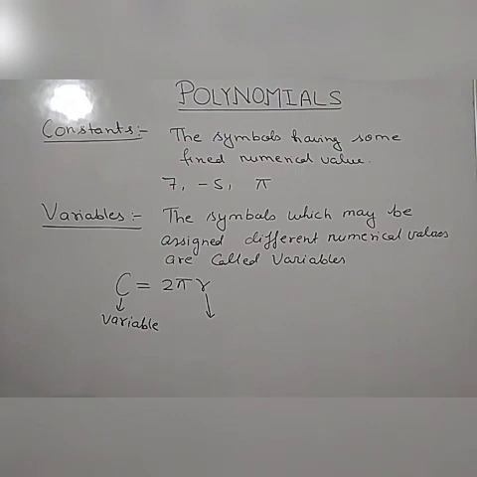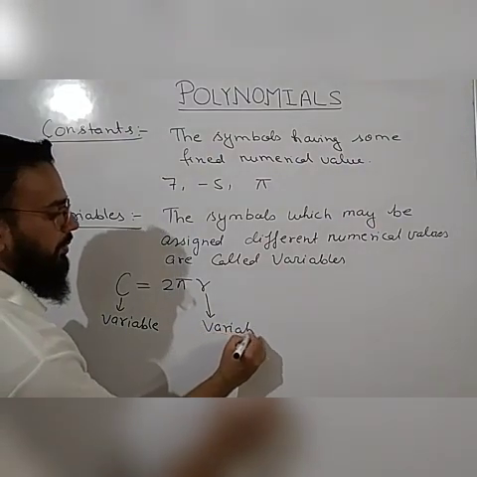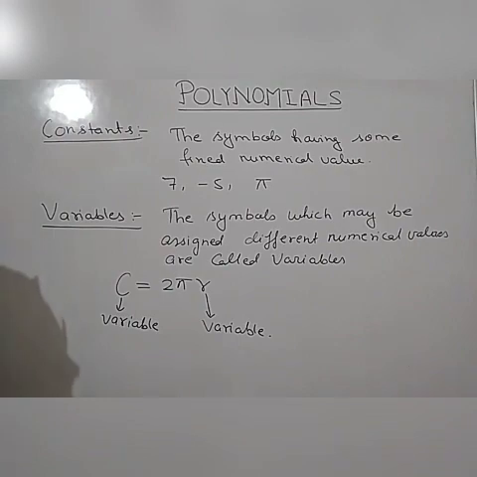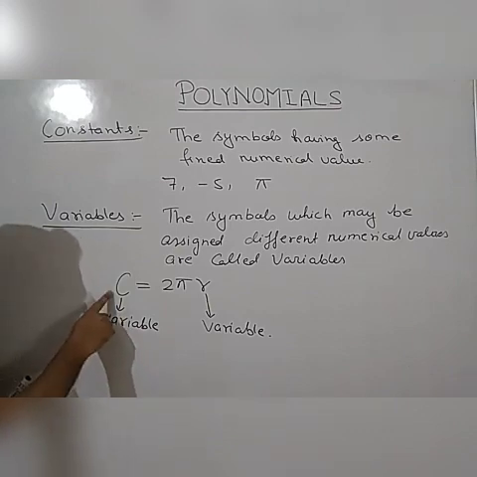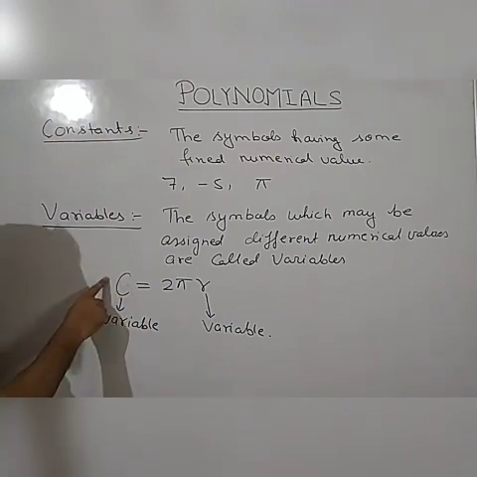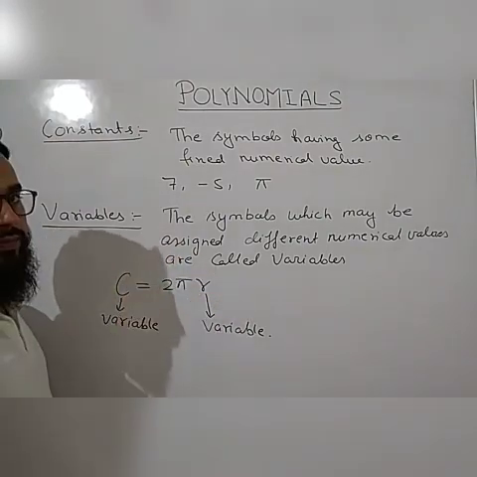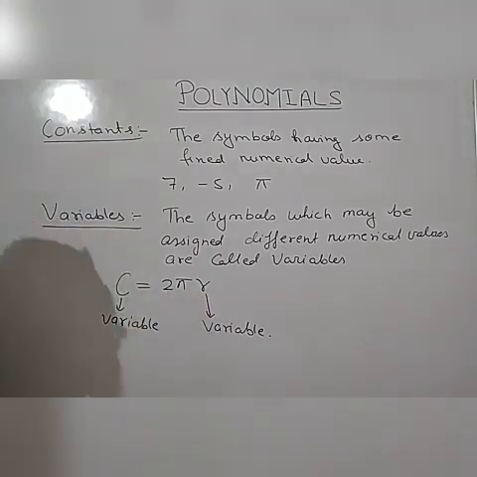So c is a variable and r is also a variable. Both can be assigned different values, but the value of c depends on r. We assign the value of r and we get the value of c.